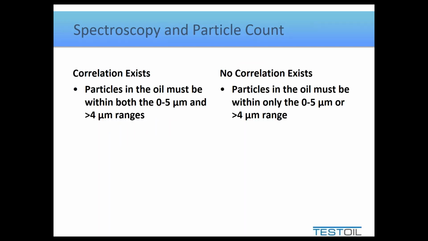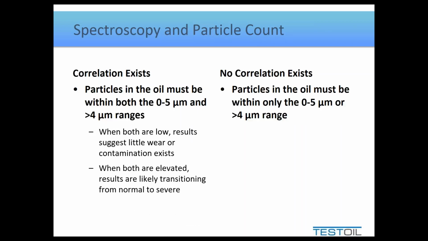When a correlation exists, we know that we've got particles in both ranges, so we've got both small and large particles. When no correlation exists, that means we've got all the particles mostly in just one of those two ranges. So the way to interpret the results is, if both your results are low, this suggests there is very little wear and or contamination present in the sample.